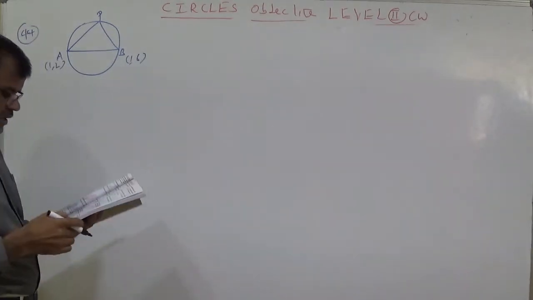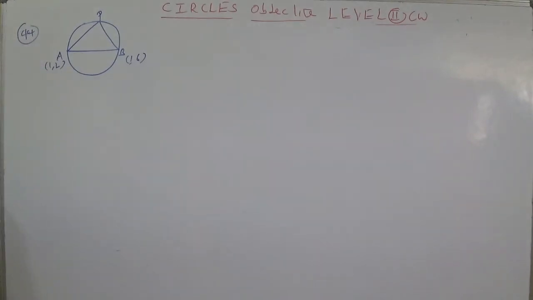Number of positions of P such that APB = 90° and the area of the triangle is 5.